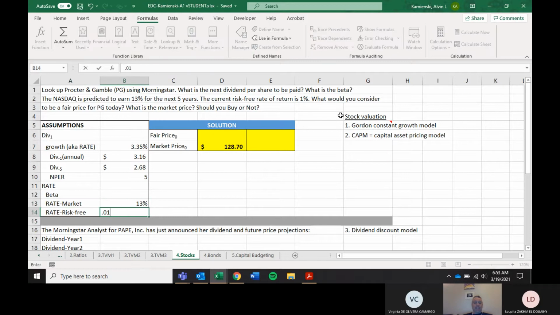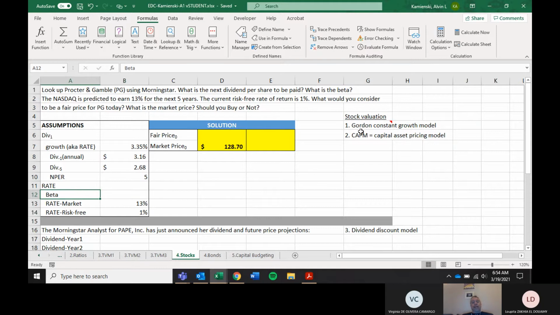If they don't want to take any risk, then any investor should be able to invest and earn a 1% rate of return, which means that if you invested in the market of stocks versus the market for no risk, you should make 12% more points by being able to take that risk on. But Procter & Gamble is a company that sells like toilet paper and shampoo.